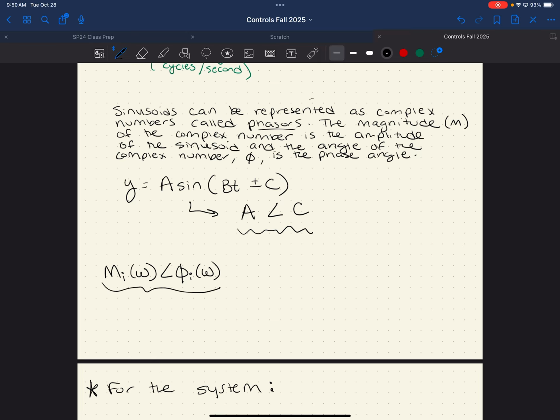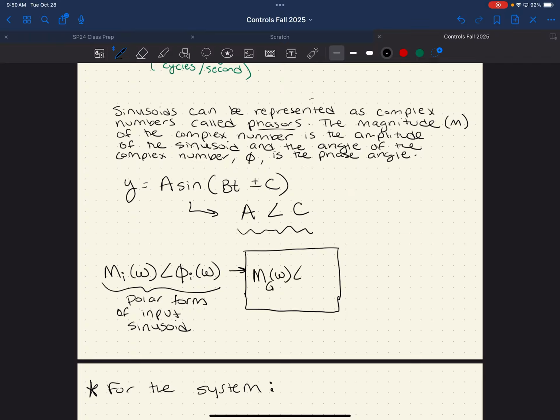So this will be the polar form of our input sinusoid. I can use this as my input signal. I can write my system as M_G(omega) angle phi_G(omega).